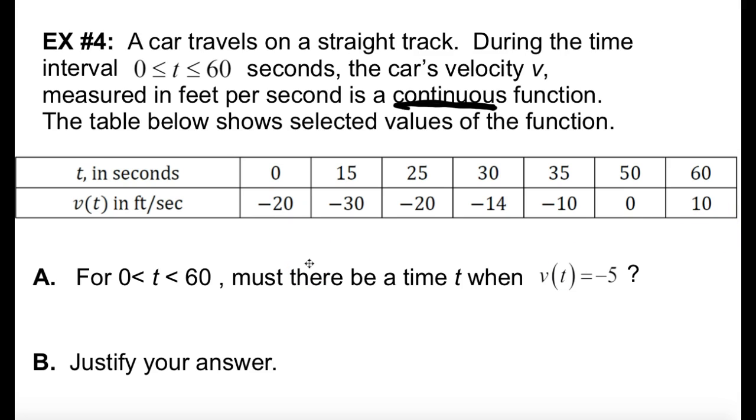So we first have to state that our criteria to use the intermediate value theorem are met, which are the function is continuous on a closed interval, and the y value in question is in between the y values of the endpoints.